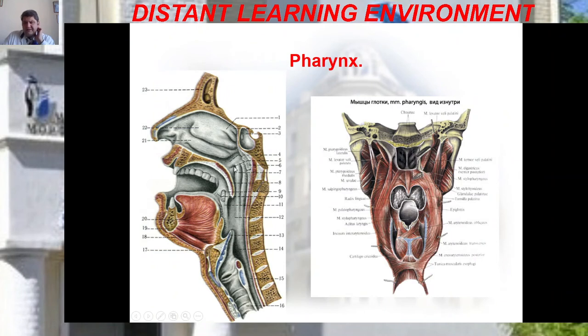It's very important because the air goes from nasal cavity through these tubes to tympanic cavity. And as I told you, the nasopharyngeal part of pharynx is the part of respiratory system.